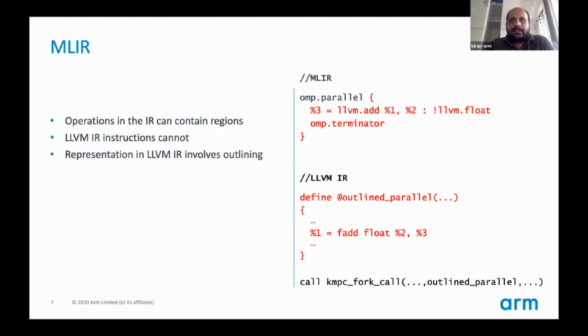On top, there is an OpenMP operation called parallel, and that parallel operation has a region in red, which basically contains an addition operation. If it has to be represented in LLVM IR, then you have to take this whole region outside into a separate function, shown below in red, which is called the outlined parallel function. And then there has to be a runtime call which calls this. So this is another attractive reason for using MLIR for OpenMP: there are operations, and operations can have regions inside them.